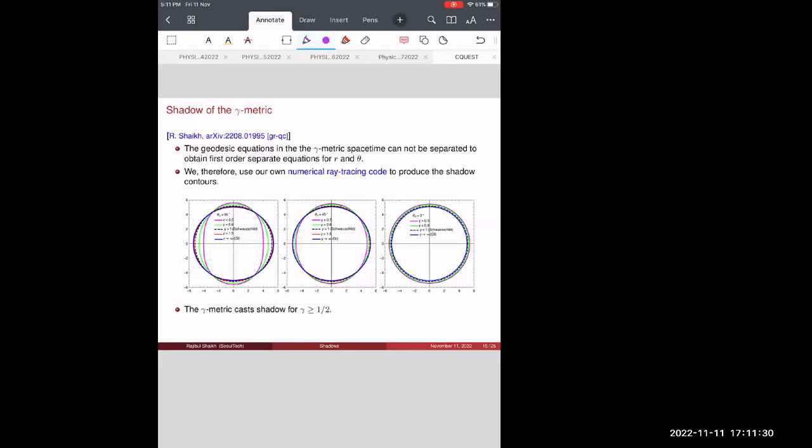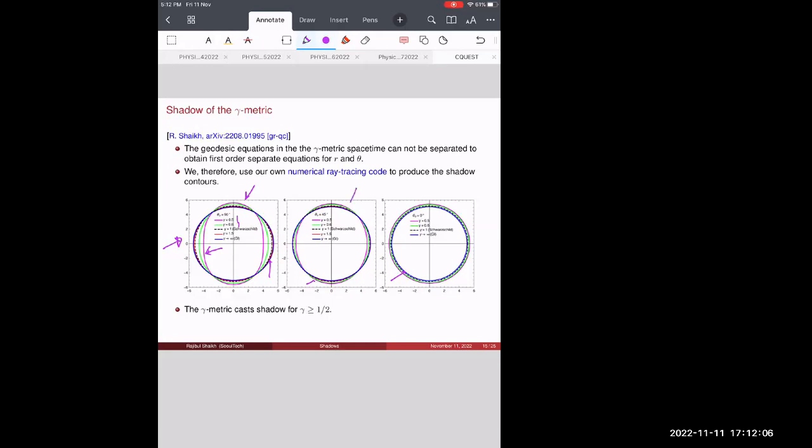For different inclination angles and gamma values, the shadows are given by this. Note that this dashed black curve is the shadow of the Schwarzschild black hole, meaning gamma equal to 1. This is for inclination angle theta equal to 90 degrees. Note that the shadow gets maximum deformation when gamma is close to 0.5.